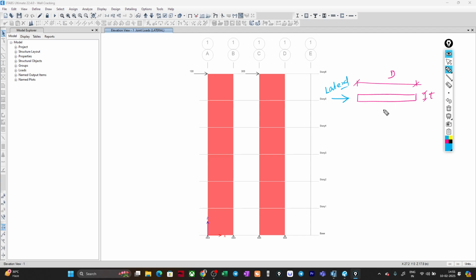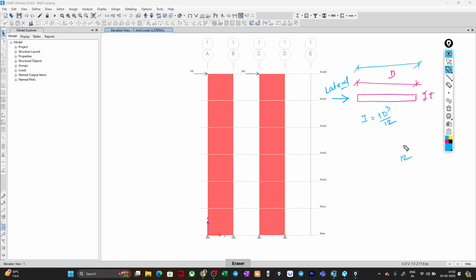So in this case, the moment of inertia which will be resisting this force will be T d cube by 12, correct? Because this is the major dimension which is responsible for resisting this particular force. So generally we say b d cube by 12, correct? So here this is my d and b is actually the thickness of the wall.